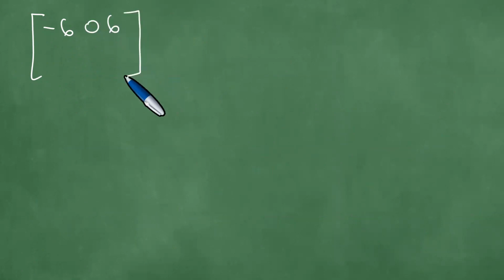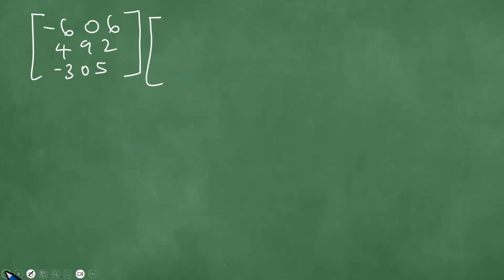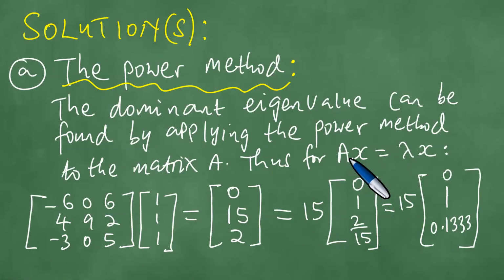We take the matrix A, still with the entries minus 6, 0, 6, 4, 9, 2, minus 3, 0, 5, and multiply by the vector x in the eigenvalue problem equation Ax. So we take 0, 1, 0.1333.